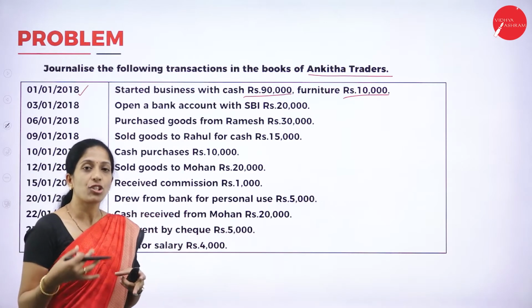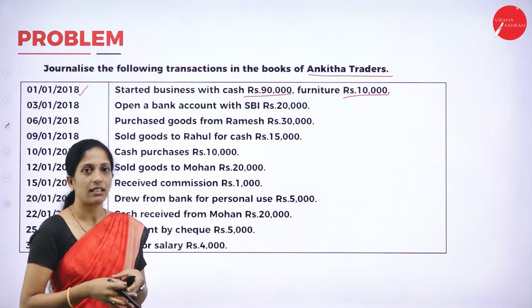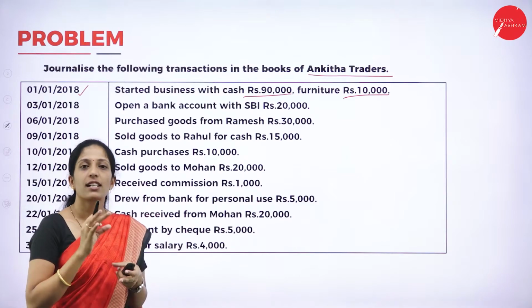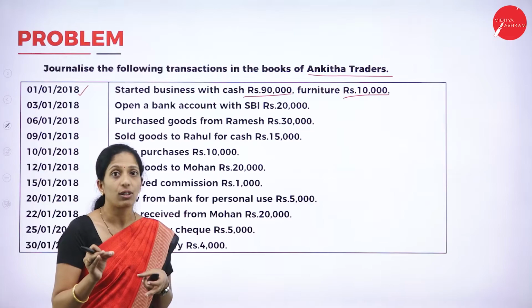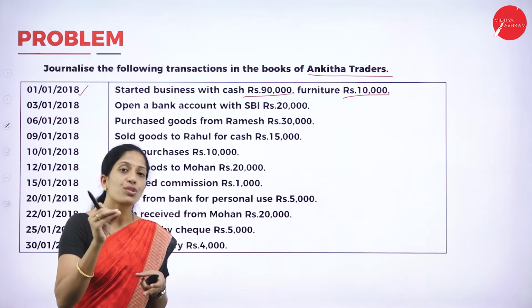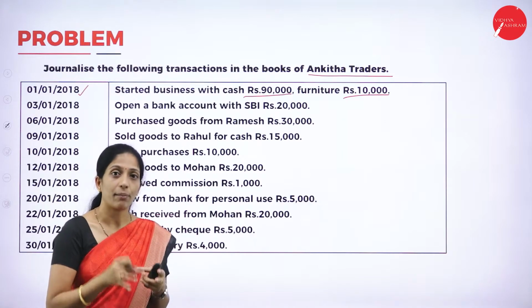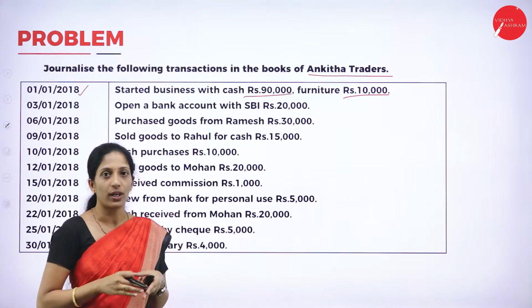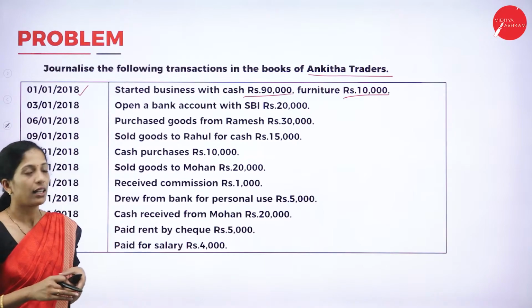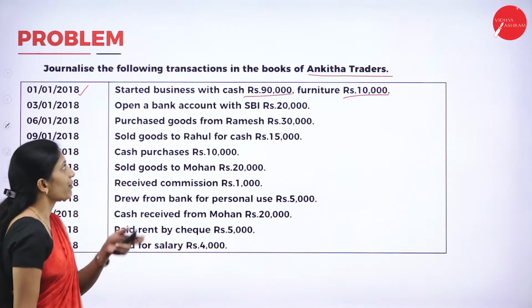Now, whatever the initial investment which is made by Ankita, what is it called as? It is called as capital. So, we have already learnt in our first unit. In accounting terms, the amount, goods or any other asset which is invested by the owner is called as capital. Correct? Now, what is the journal entry for this?